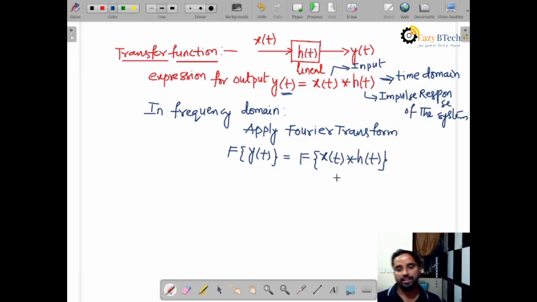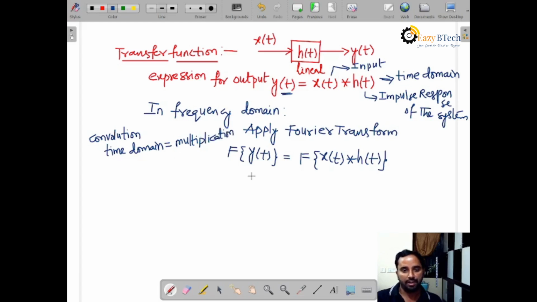If you see the right side, it is convolution in time domain. In Fourier transform we have the property that convolution in time domain will become multiplication in frequency domain, right or not?